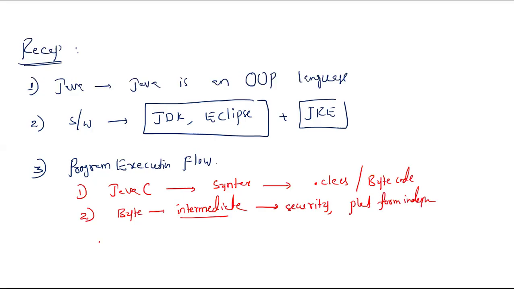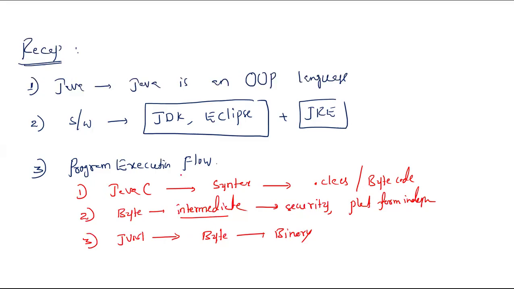Then there is one more component called JVM, and the internal parts of JVM I haven't discussed yet. The purpose of JVM is to convert the bytecode into binary. So these are the components that we discussed in the Java program execution flow.